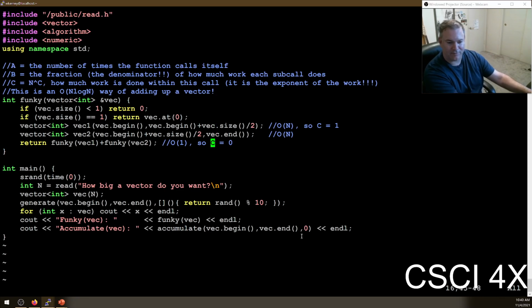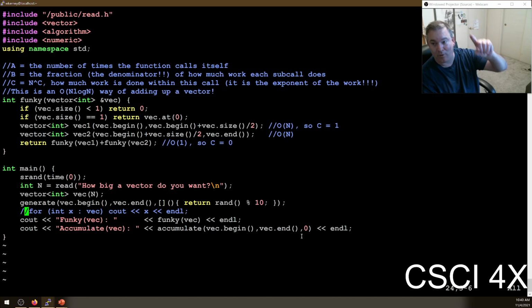You want to find out if it's faster or slower than accumulate. Yeah, it's not n to the log n, it's n to the 1 times log n. It's a very important difference there. If you were going to add up a vector, you would do it just as a for loop, right? And it's order n.